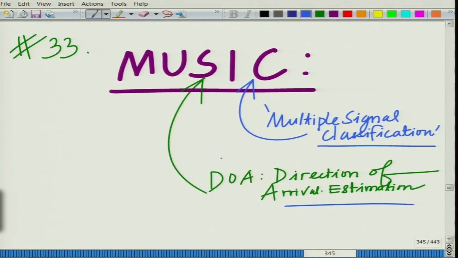This is termed as DOA, that is the direction of arrival, and MUSIC is basically an algorithm for direction of arrival estimation.